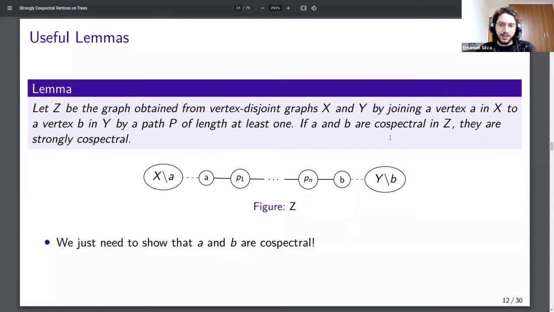Therefore, the condition of the two vertices being parallel we just have for free. So we just need the two vertices to be cospectral.